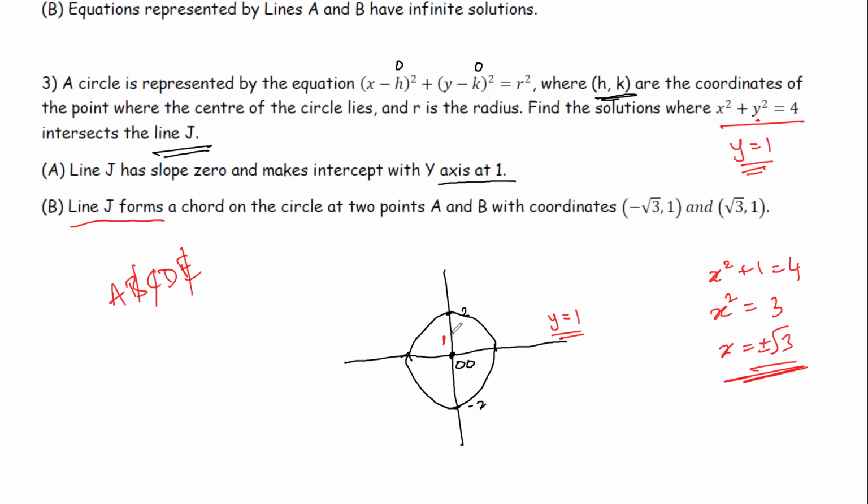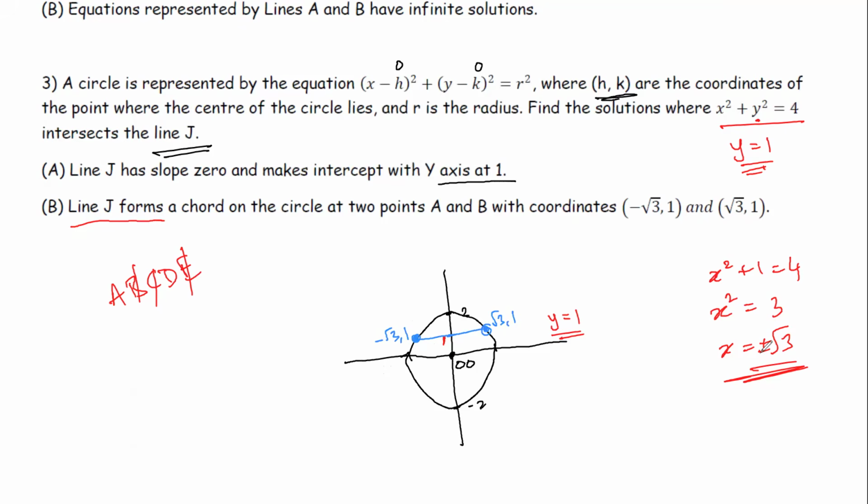Now at 1, line J forms a chord on the circle, with coordinates negative root 3, 1 and positive root 3, 1. So these are the solutions. The x values are the solutions, basically.